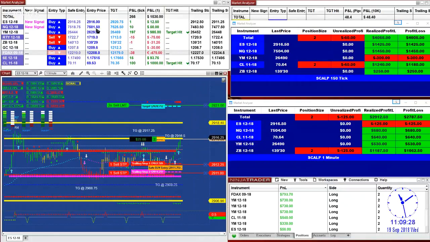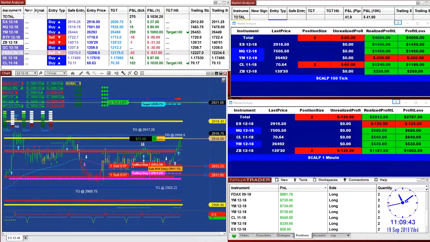On the pullback re-entry, you have 29.16 as a re-entry and 501.50 as a re-entry point. So right now we are in those trades on the Nasdaq and ES.